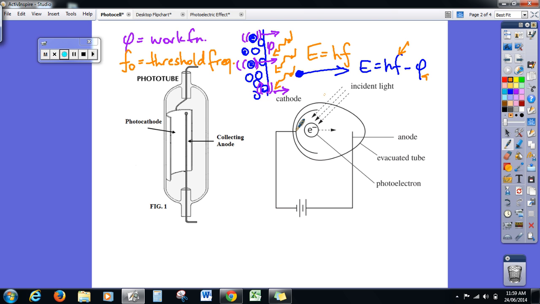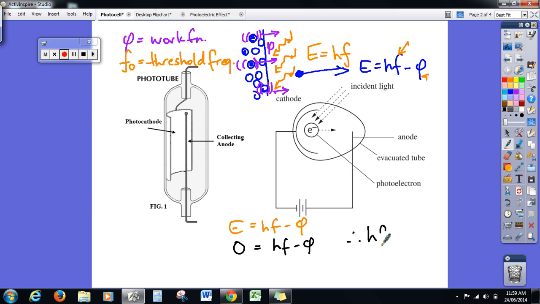So to find the threshold frequency, let's rewrite that out. We know that E equals hf minus phi, and we want E to be 0. It's the value at which these two become balanced, hf minus phi.